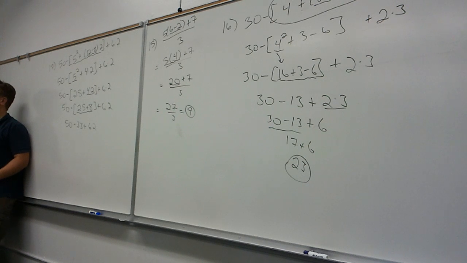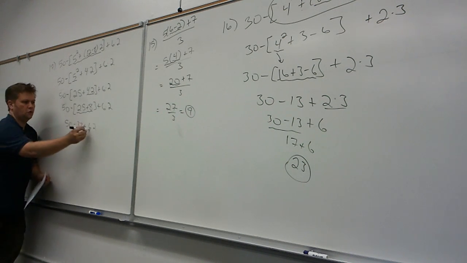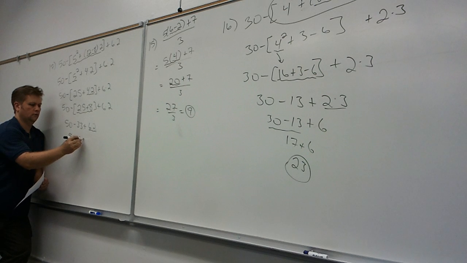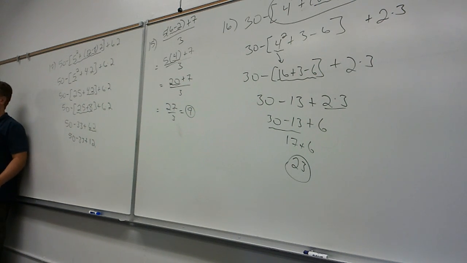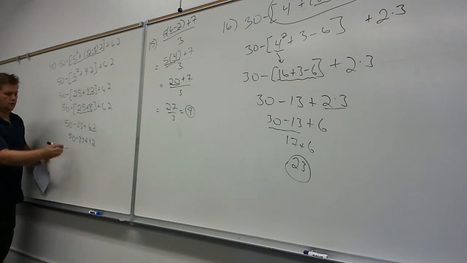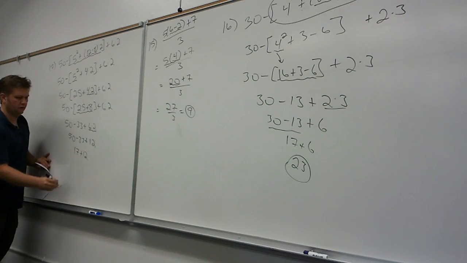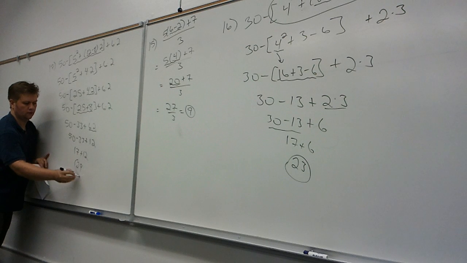What do I have to do first? Multiply. Good, so I can multiply. 6 times 2. And the same problem as before, you don't do add before subtract, you do them as it comes. 50 minus 33 is 17 plus 12, 29.